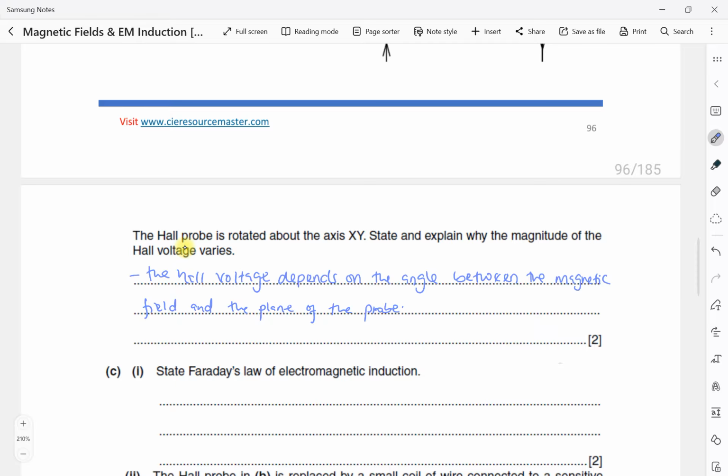So the Hall voltage is going to be maximum when the plane is perpendicular to the magnetic field, and the Hall voltage will be zero when the plane is parallel to the magnetic field.